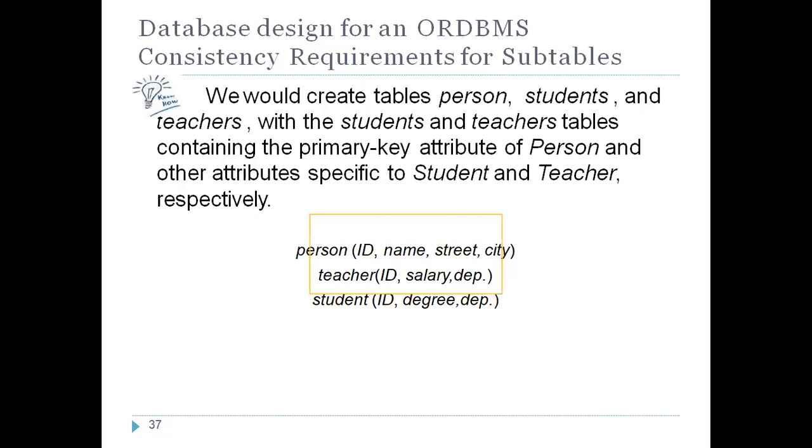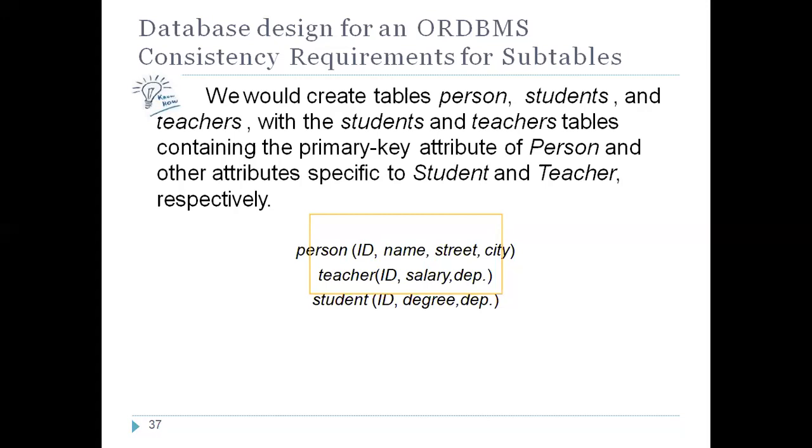Here we can see that our tables have been created for a person. So we should create tables called person, student, and teacher. There are three tables: person, teacher, and student, with the student and teacher tables containing the primary key attribute of person. What is the primary key attribute in person? That is the ID, and that same ID is present in the teacher and the student. The attributes in person are ID, name, street, and city.